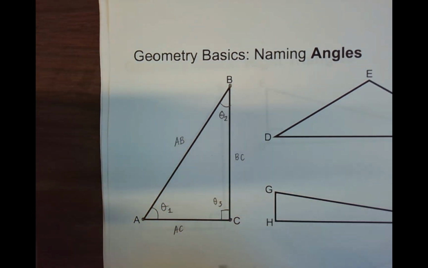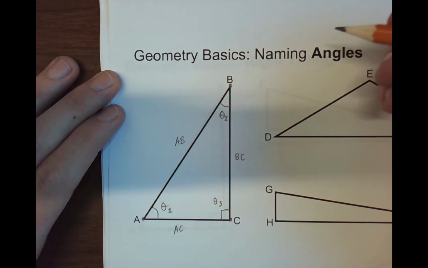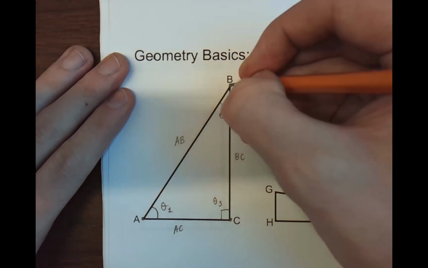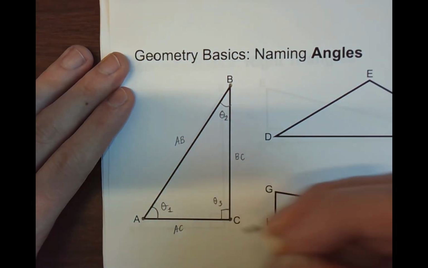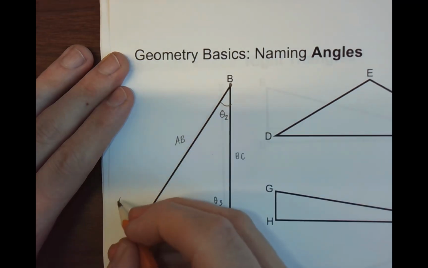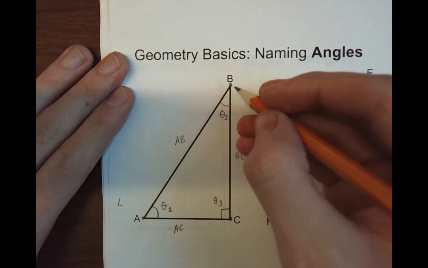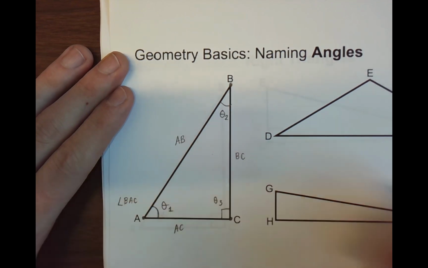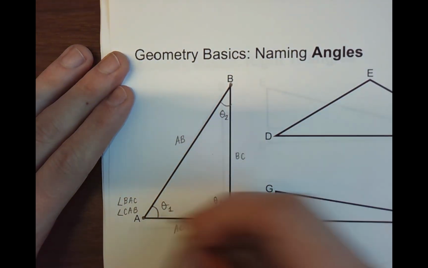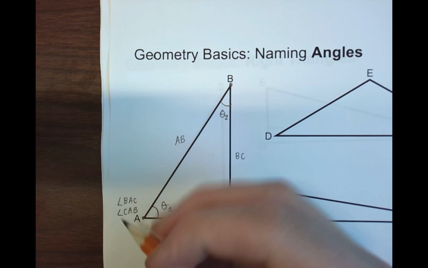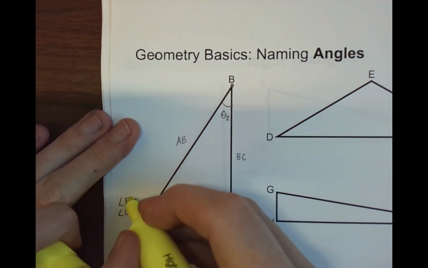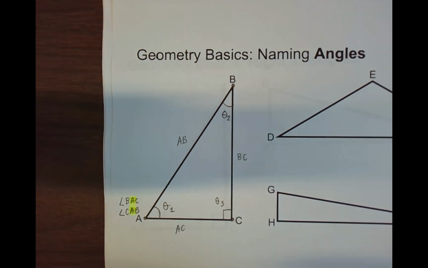We could just talk about it using a variable, but we can be really specific and point out that to make this angle, we go from B to A to C. So we can call it angle BAC or angle CAB, with that vertex, the corner, being in the center of our three letters.